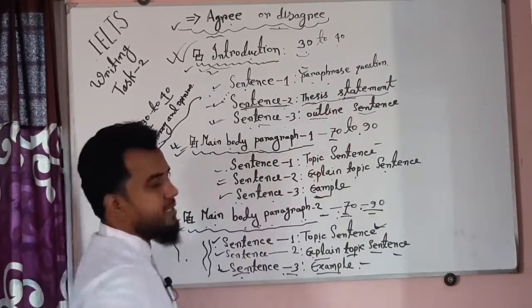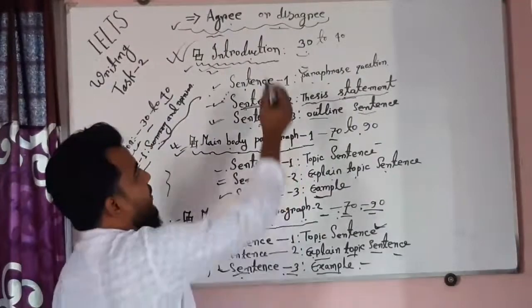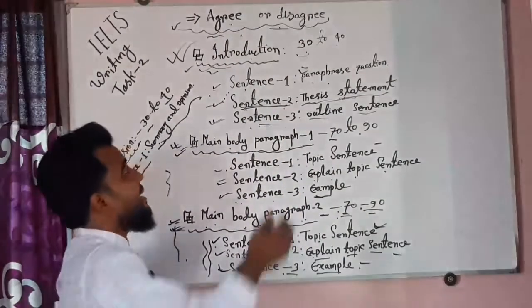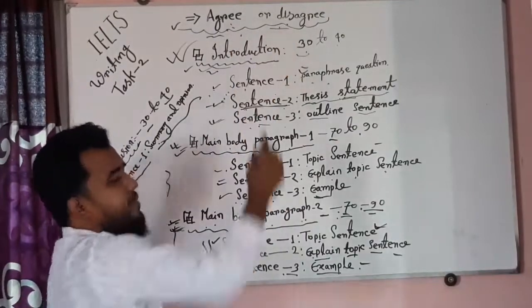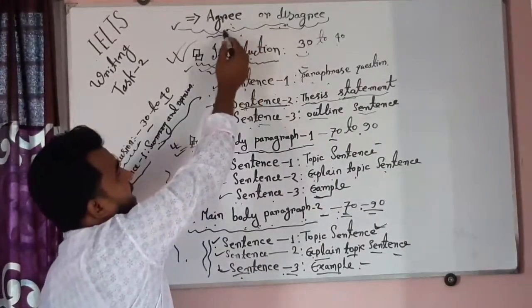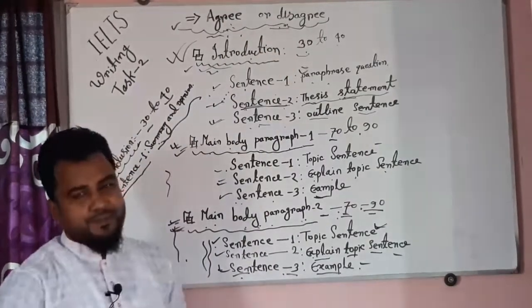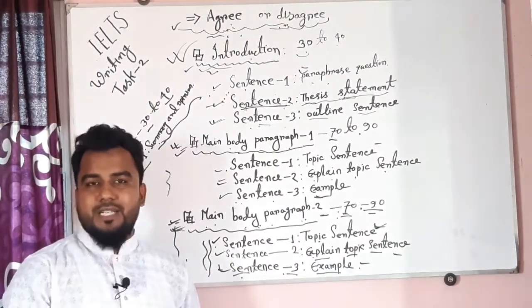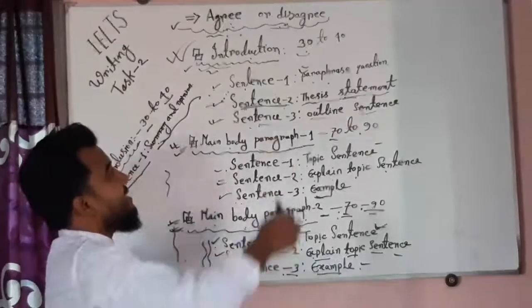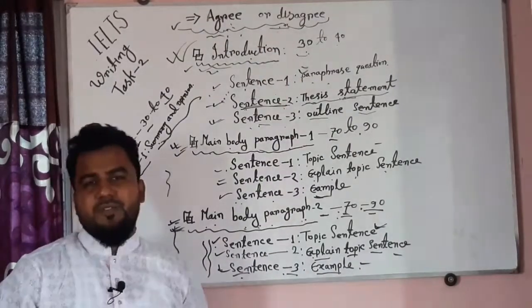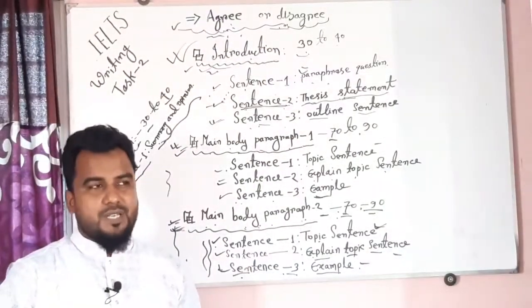Thesis statement means you have to mention which side you want to follow, agree or disagree, just one of both. If you follow agree, you have to write the information related to agreement.